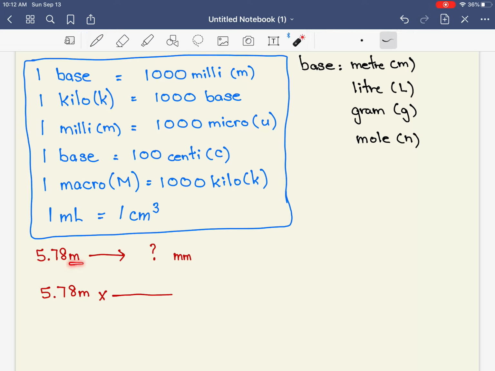You want to change meters into millimeters, so somehow meters has to go. Well, if it has to go, it should be in the denominator, because later on you'll see them being crossed out since they're on opposite sides of the fraction. The unit you want will be on the numerator in this case.